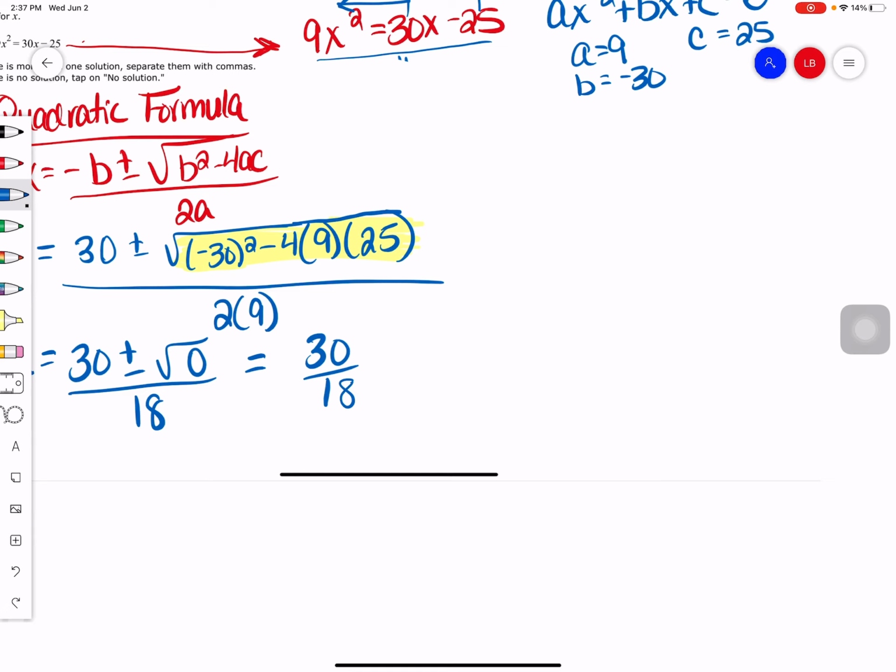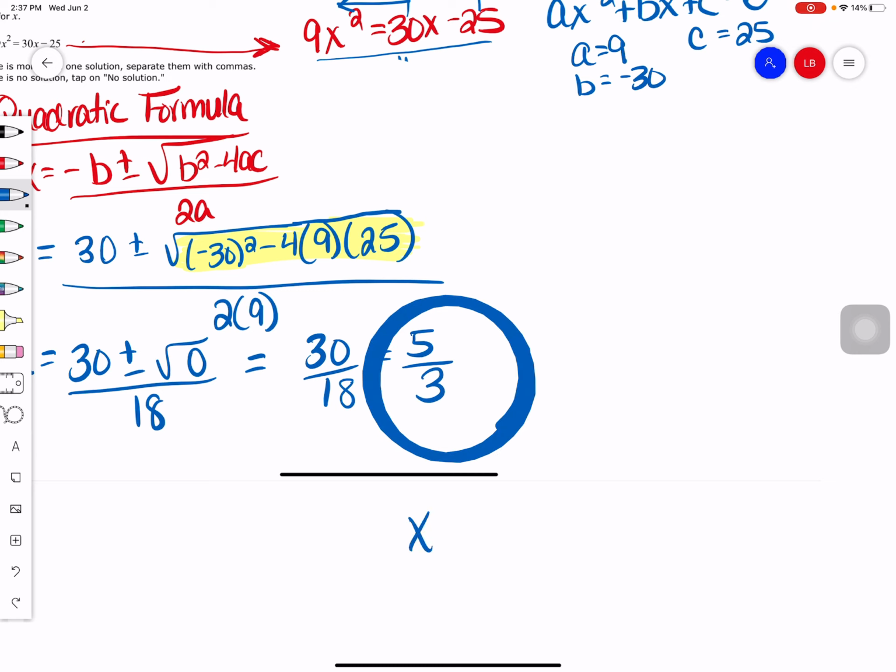I know 9 goes into 18, but not 30. 6 will go into both 30 and 18. 30 divided by 6 is 5. 18 divided by 6 is 3. And that leaves me with 5/3 as a simplified answer. So my answer is that x is equal to 5/3.